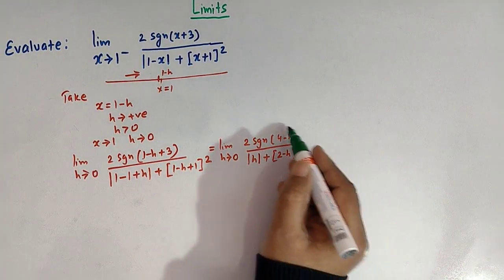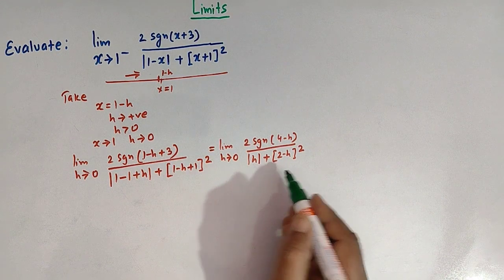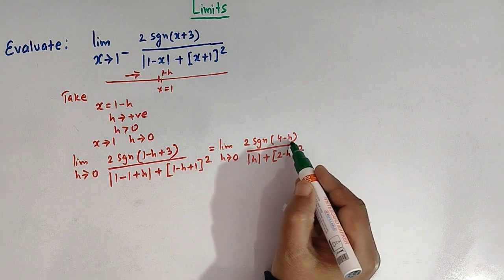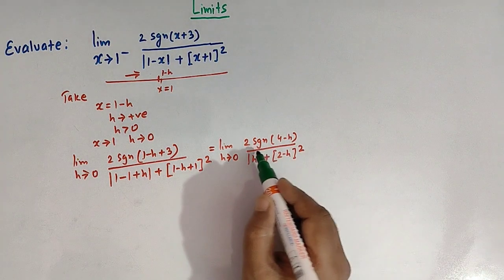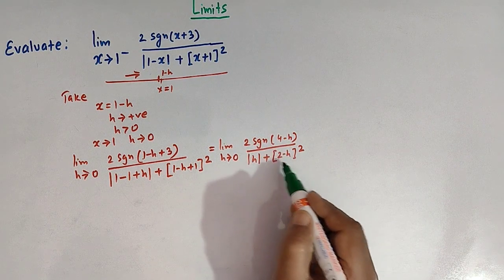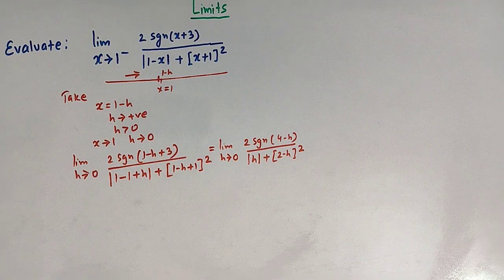Now we have to evaluate this limit, and we cannot take h equal to 0 directly. Here we have the signum function, the mod function, and the greatest integer function.